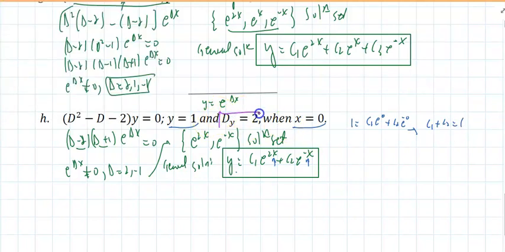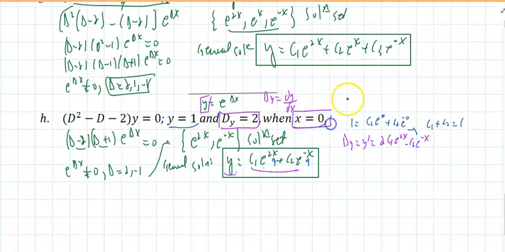D sub y means take the derivative of y. So d sub y is really the derivative of y. Well, what's d sub y right there? The derivative with respect to x is y prime, and that is 2 c sub 1 e to the 2x minus c sub 2 e to the negative x.